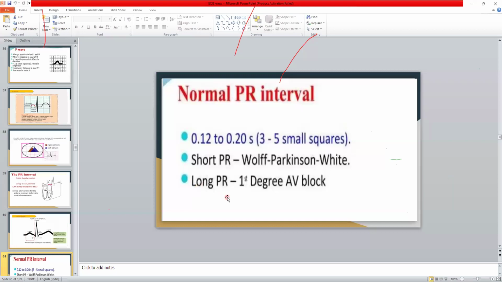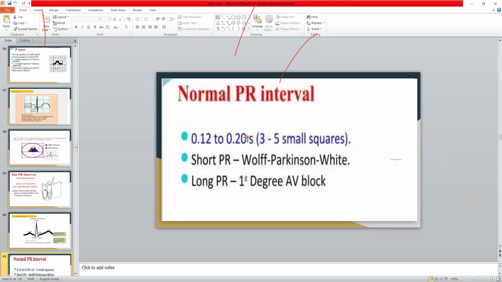It is prolonged in first degree AV block. Tomorrow I'll be explaining in detail how the PR interval duration represents underlying cardiac problems like first degree block, second degree block, and complete heart block.